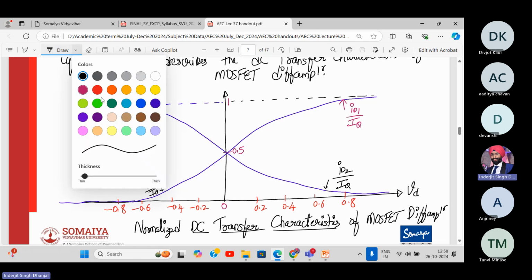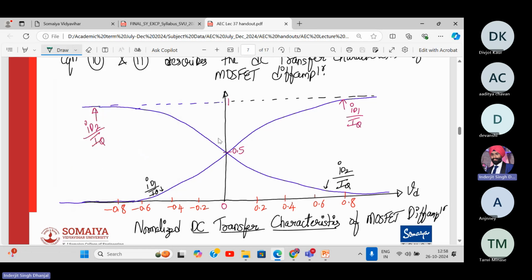Now, before we move ahead, can you see this? This is a linear region, dotted line if I draw like this, and here also. What do you mean by linear region? Can you see these lines are straight, constant? This line is almost constant, right? And this line is also constant. Agree?